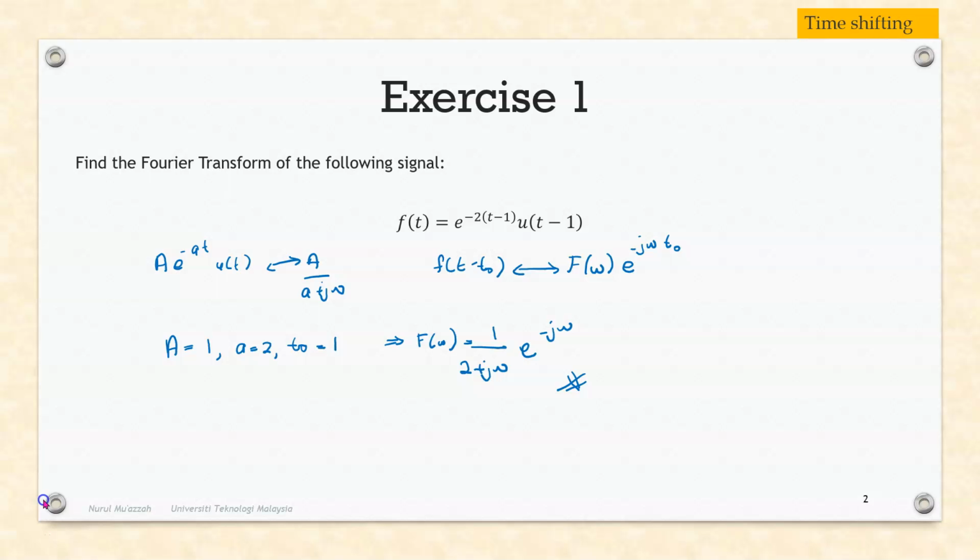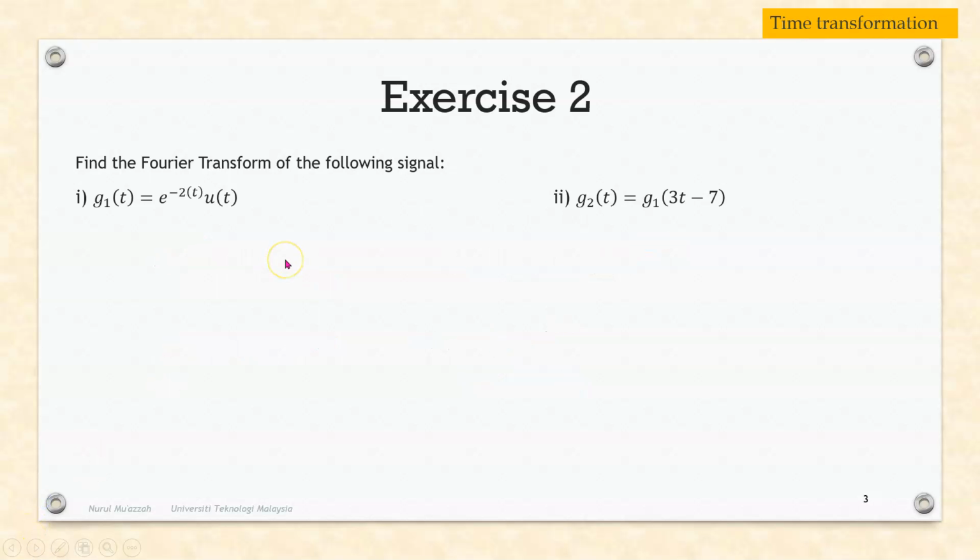As simple as that. The next example, still using the time properties. Find the Fourier transform of the following signal. For the first question, given that g1(t) is equal to e^(-2t)u(t). This is a straightforward question, which is the exponential function.